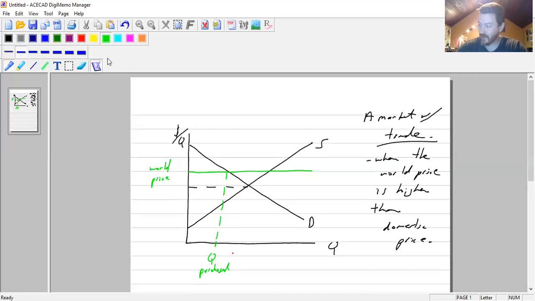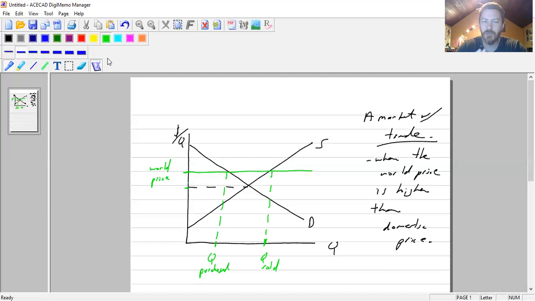But sellers, on the other hand, at this price, they're doing better off. So here's the quantity sold at that world price. You can see here, right? If the seller can get this much for their goods on the global market, there's no way they would come back and sell an item for that much, right?